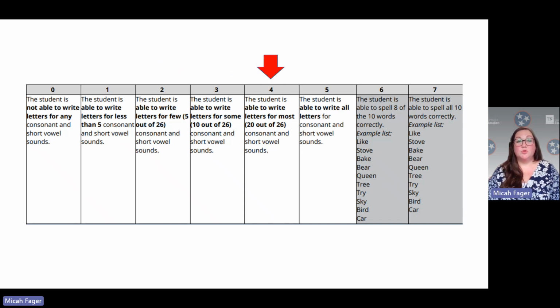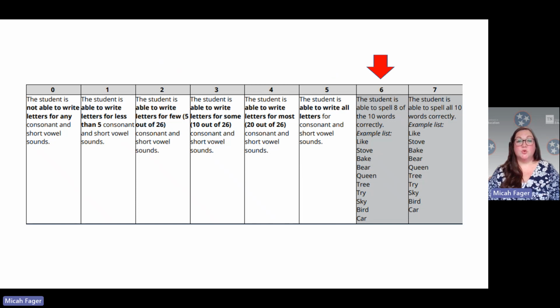The student work will score a level 4 if they are able to write at least 20 letters to match consonant and short vowel sounds. So they could write 20, 21, 22, 23, or 25 letters. For the student work to score a level 5, the student must be able to write all letters for consonant and short vowel sounds.